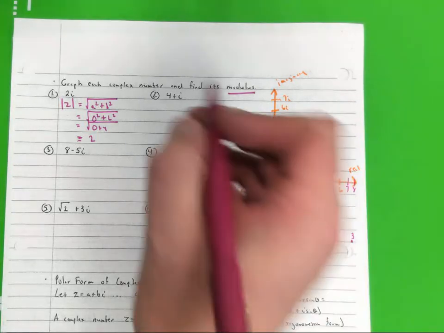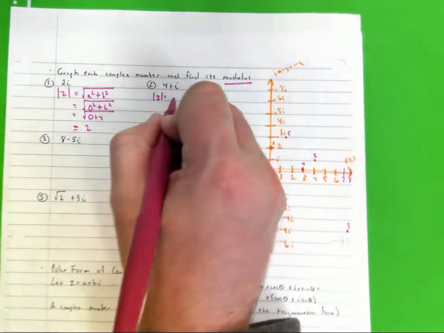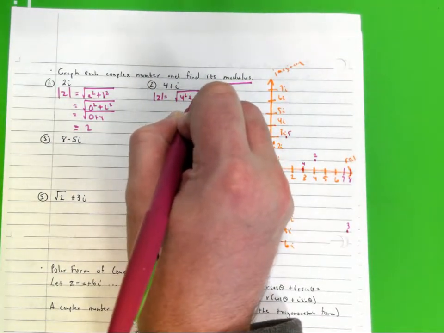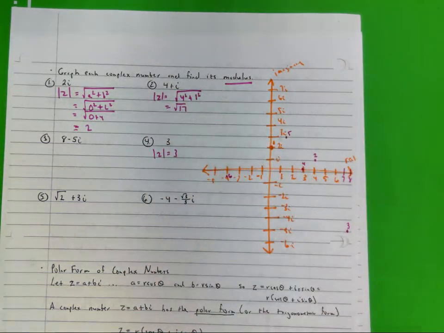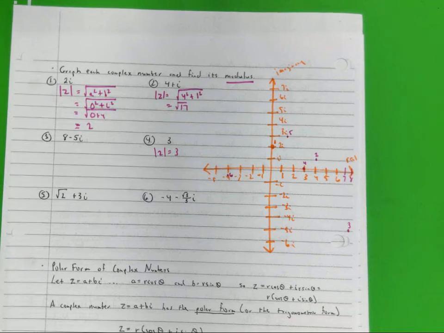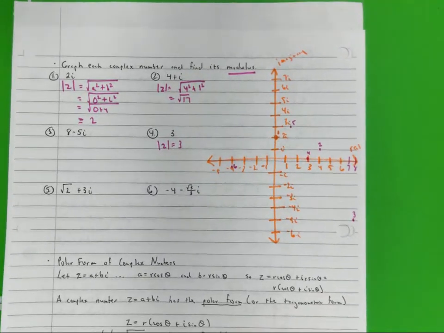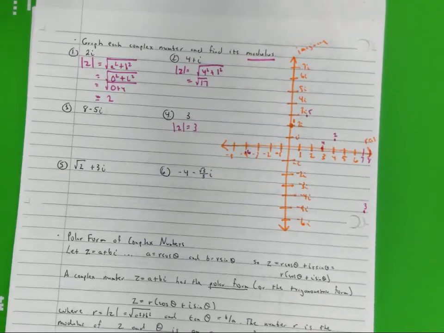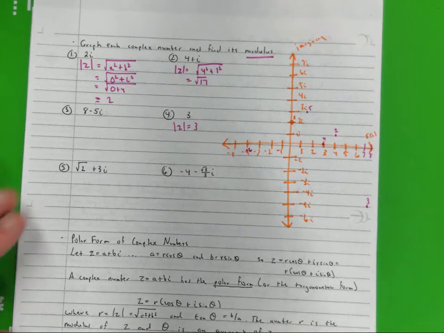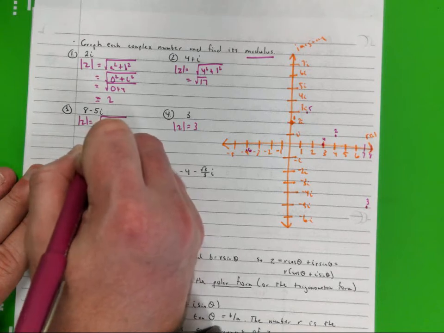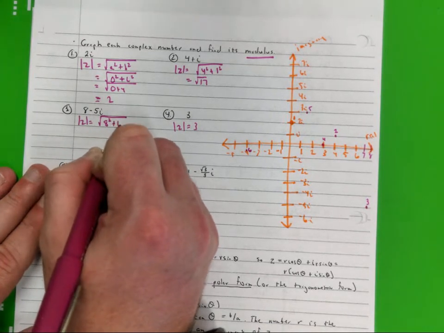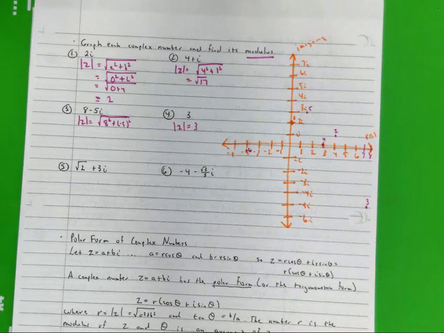Alright, 4 plus i. Square root of 4 squared plus what? 1 squared. This would be 16 plus 1, so it would be square root of 17. It's the modulus. Yes, because the formula is the absolute value of the square root of a squared plus b squared.